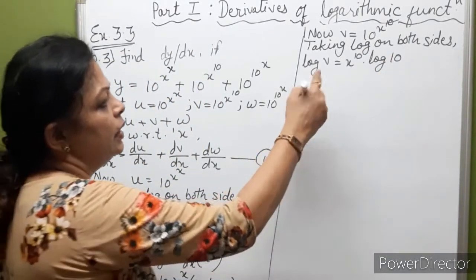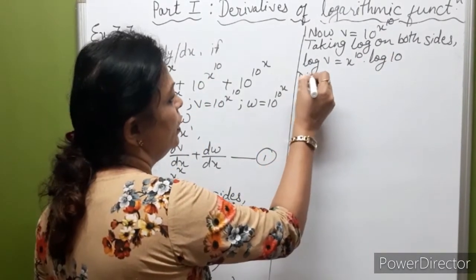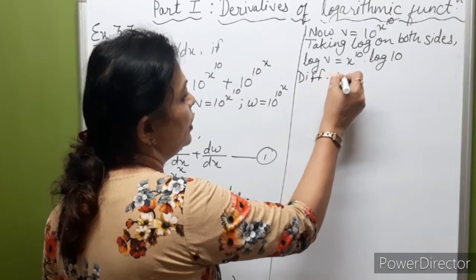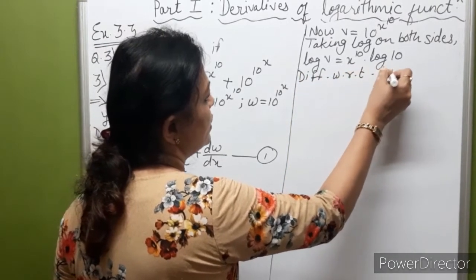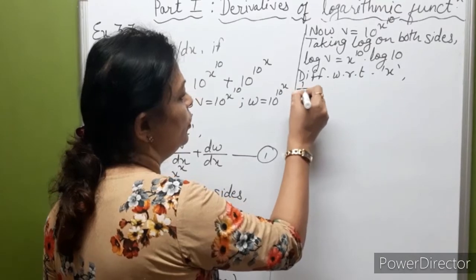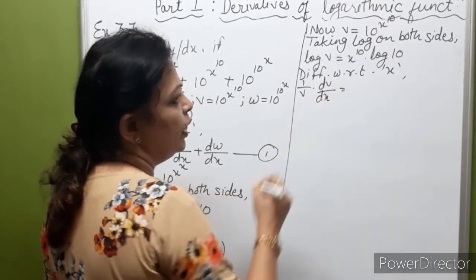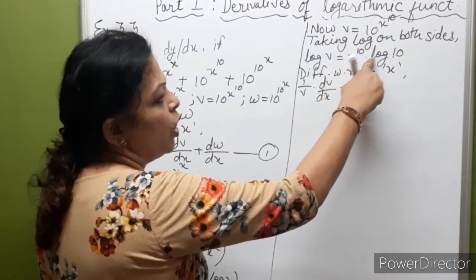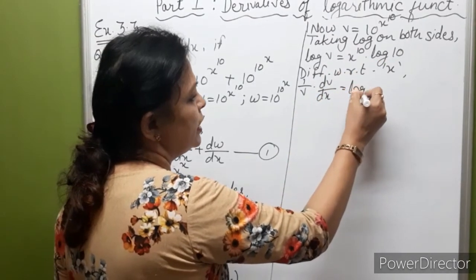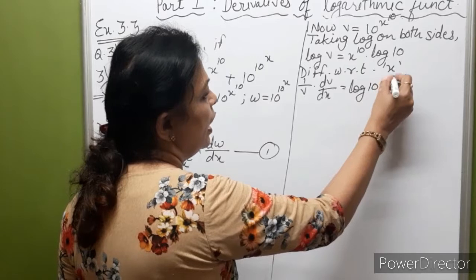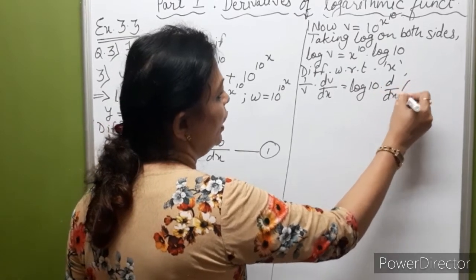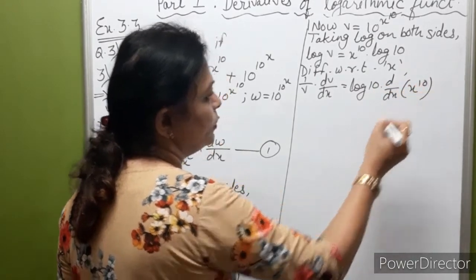Correct? Now differentiate. Differentiating with respect to x. 1 upon v into dv by dx is equal to, now this is log 10, you know it is a constant, so you can just keep it as it is, and you will differentiate only x raised to 10.